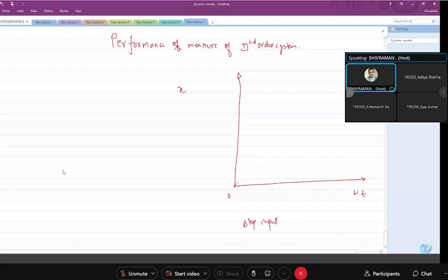So we are giving the input in a step manner, and this particular line, point A, represents the steady state of response X. When a step input is given, the response of the system will increase and it will cross the steady state during its transient phase, and with due course of time this transient phase will die away and it will reach a steady state at a particular time ts.